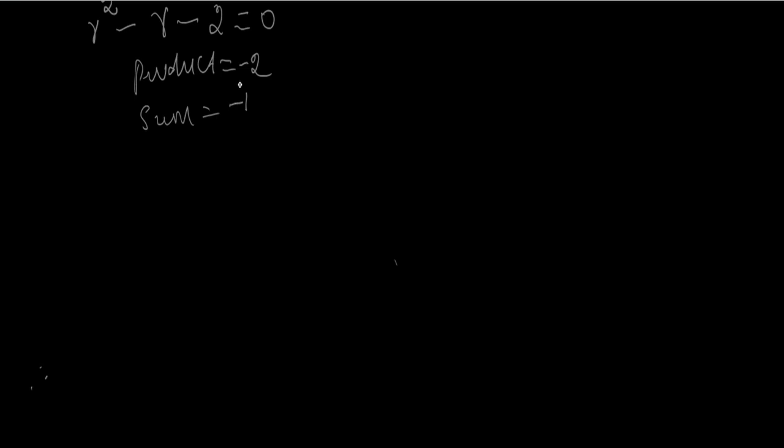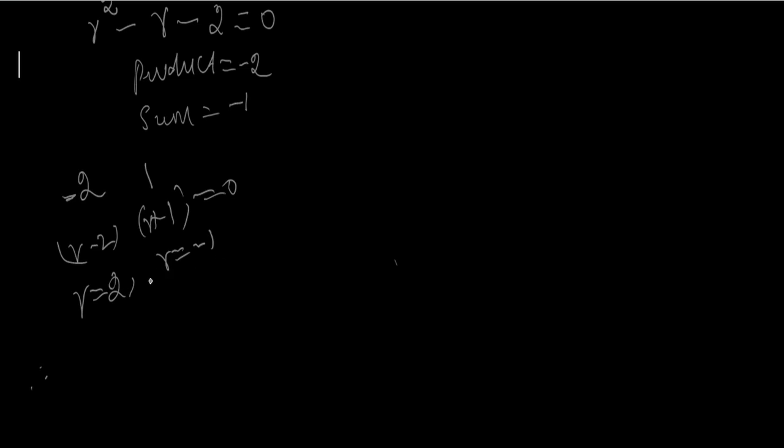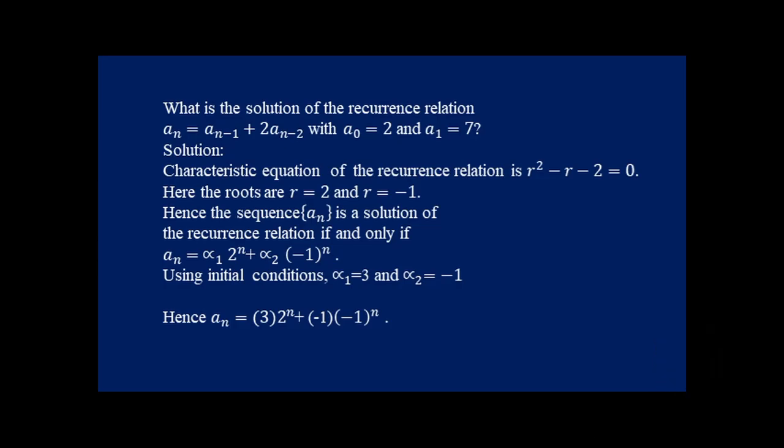We take the two numbers minus 2 and 1: minus 2 times 1 is minus 2, and minus 2 plus 1 is minus 1. So this can be written as (r minus 2)(r plus 1) equal to 0. From this, r equal to 2 and r equal to minus 1. Our roots are distinct, so r1 equal to 2 and r2 equal to minus 1.